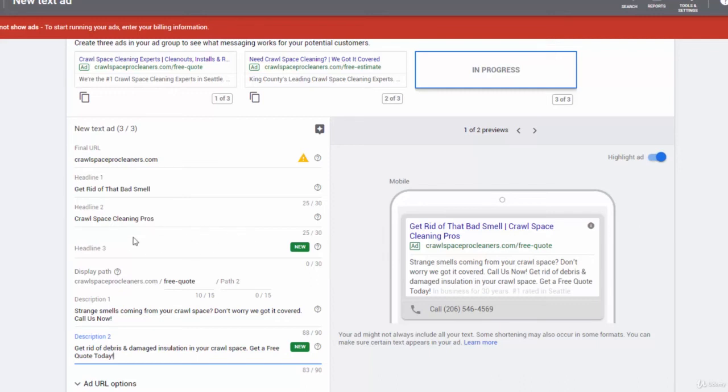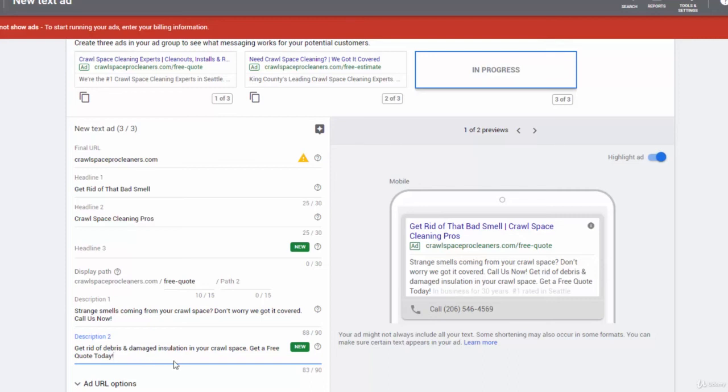Because with crawl space cleaning, typically there will be rodents in there and bad smells, and people will have these bad smells in their home, and it's actually going to affect their health as well. So another thing I can add here is talking about improving the air quality of the home, right?